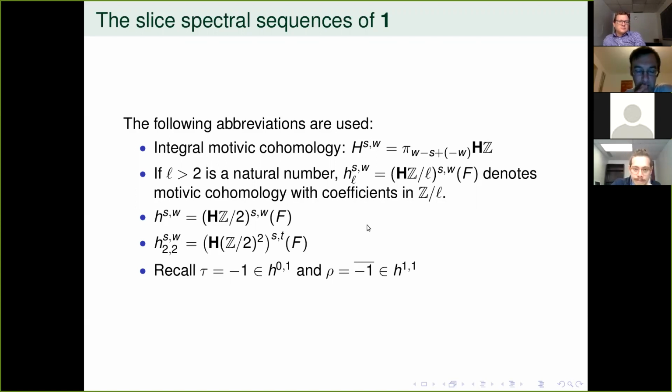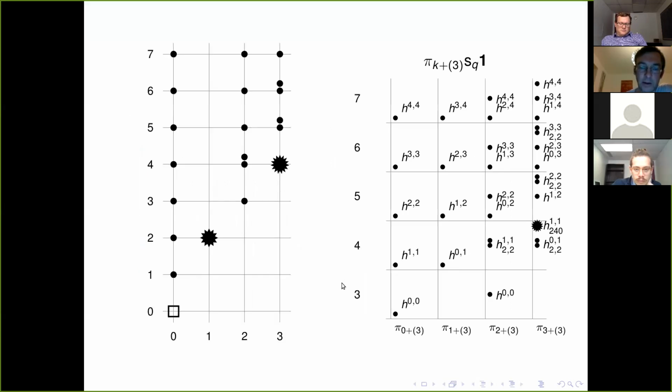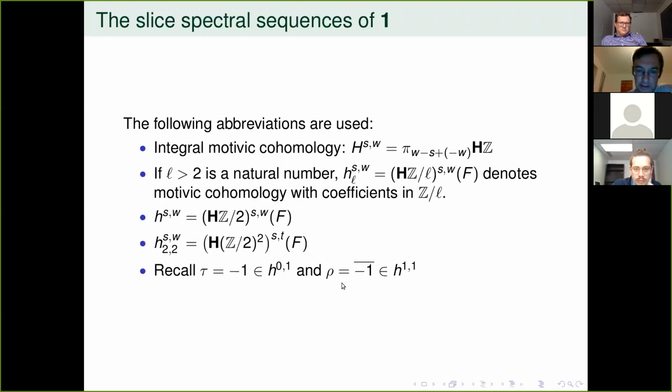And there's often the group Z mod 2 times Z mod 2 appearing. There will be the subscript 2, 2. And for later use, I already had tau there. This was the element -1 in little h01. And we also have the square class of -1, which is denoted rho usually.